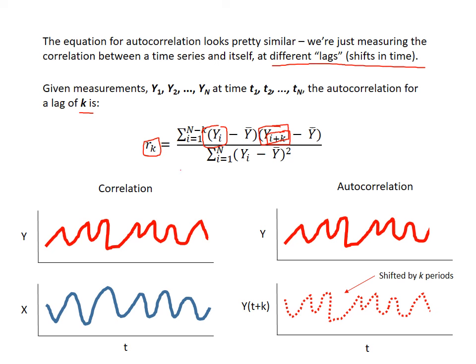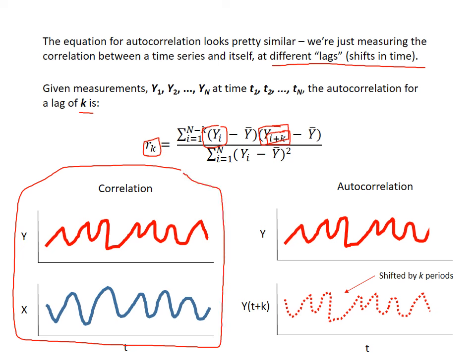And so, for example, if we're looking at the correlation of two random variables, we might be looking at the correlation between x and y here. And if we're looking at the autocorrelation, we're looking at the correlation between this process y and really the same process, but shifted by k periods, right?